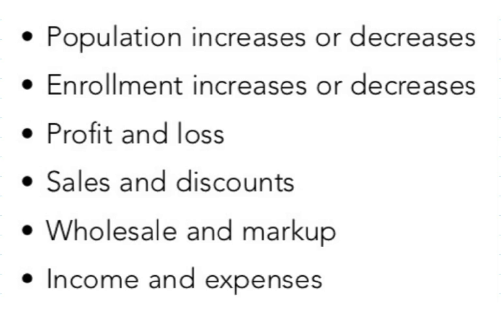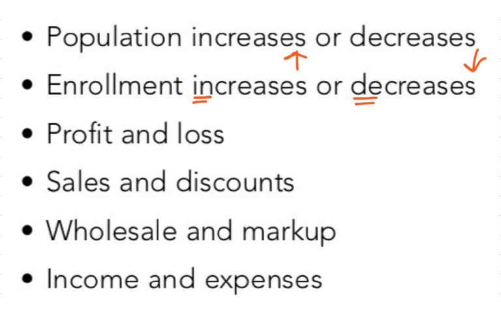Some words that you might see in dealing with percent of change problems are population increases or decreases. So populations going up or going down. Enrollment, like at a school, enrollment increases or decreases. Always look at that I-N, in, going up, D-E, de, going down.